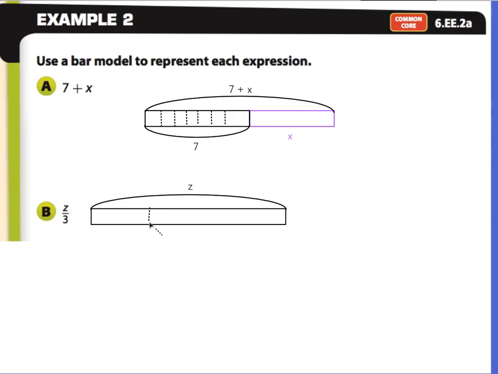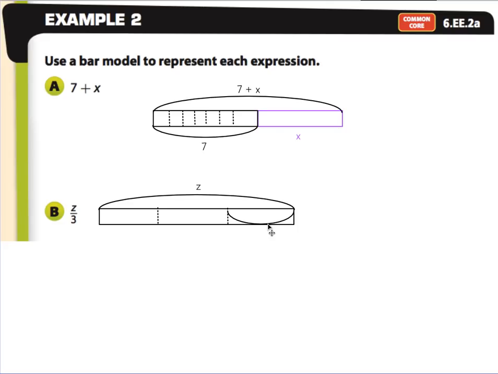So 1, 2, 3. Now the tricky part here is since I want z divided by 3, I have to show that that's what I want in my answer. To show that, I have to only pick that part for my variable.